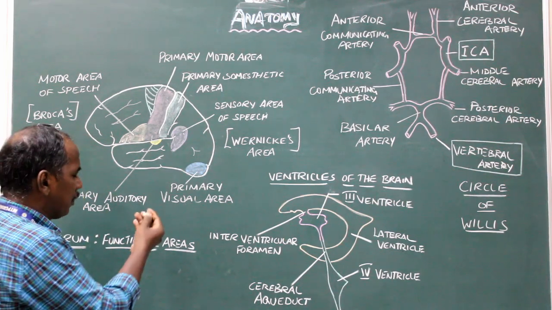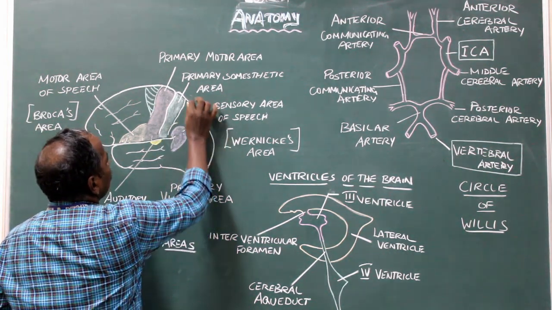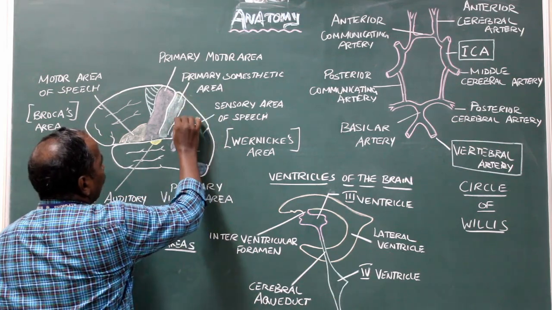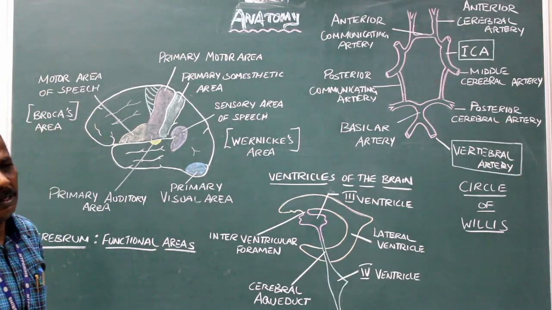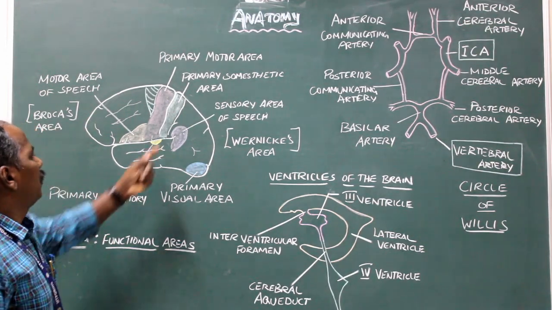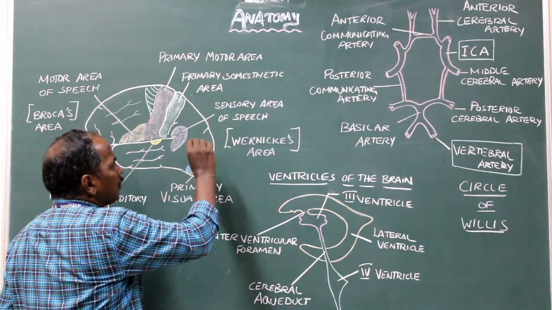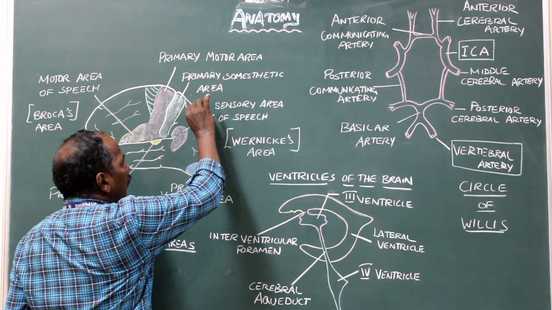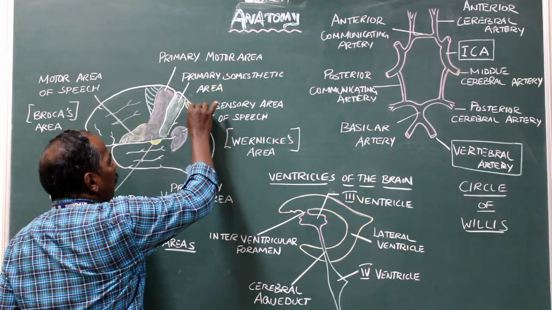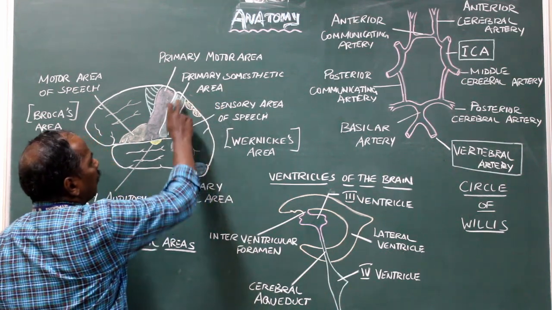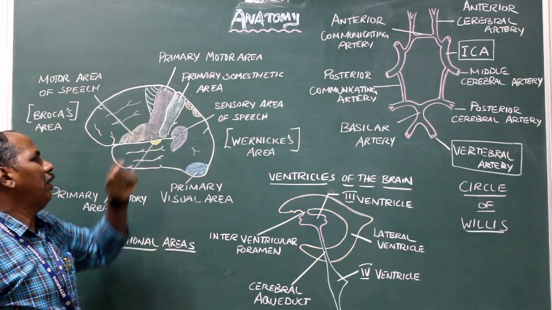It is present in the parietal lobe, behind the primary somesthetic area or sensory area. It is situated in the upper part of the parietal lobe, behind the primary somesthetic area. So this is the secondary sensory area.